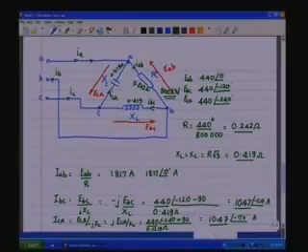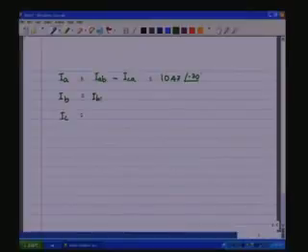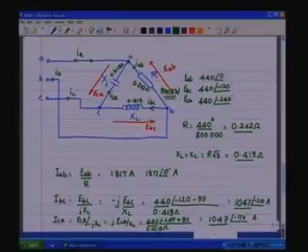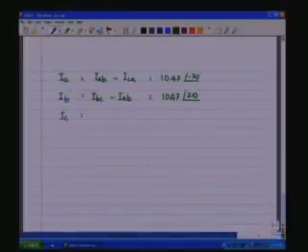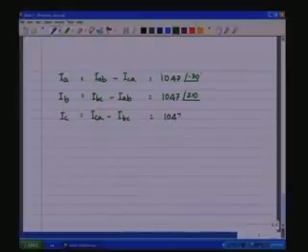Now, IB is IBC minus IAB, which is also 1047 at a reference angle of 210, and then IC is, if you look at this figure here, ICA minus IBC, which is 1047 at a reference angle of 90 degrees.